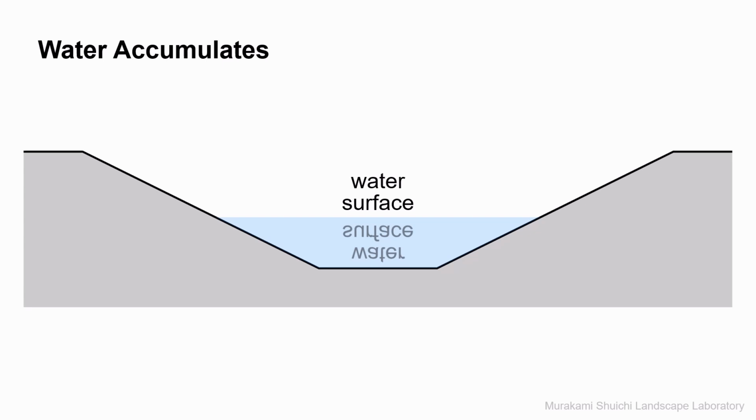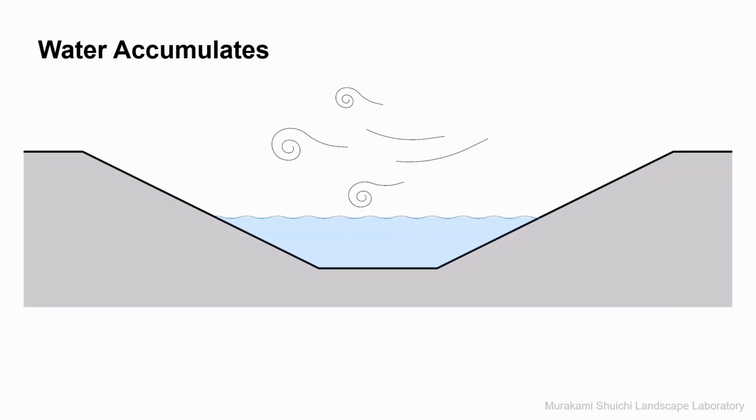If there is no wind, the water surface reflects the surrounding scenery like a mirror. When the wind blows, the reflection disappears and the water surface begins to ripple.